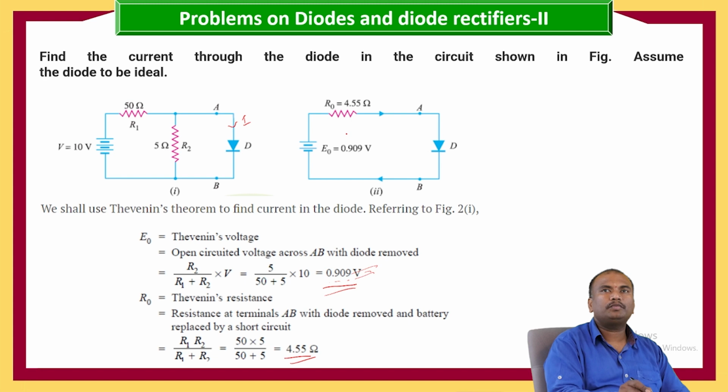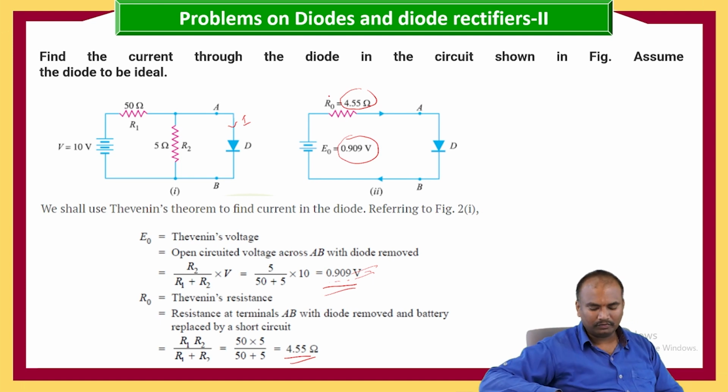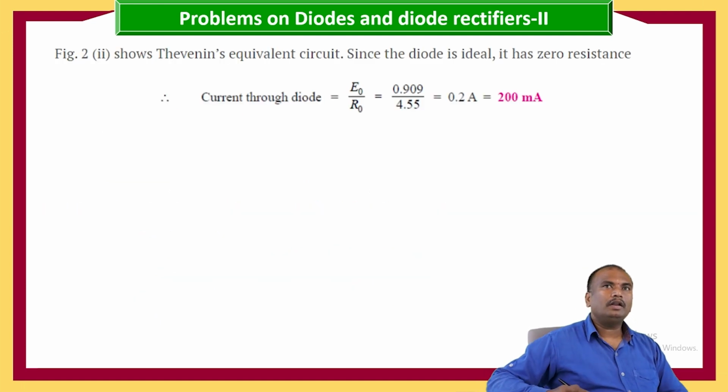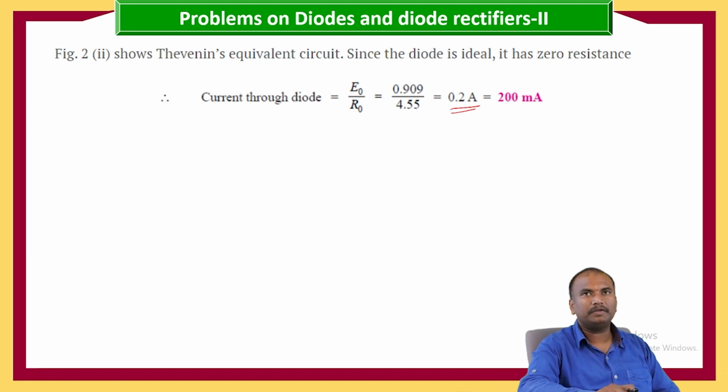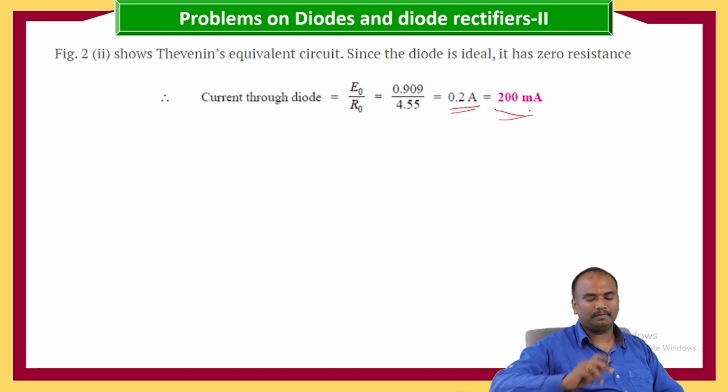Here the Thevenin voltage is 0.909 and the Thevenin resistance is 4.55. Now the current through the diode is equal to E0 by R0, that is 0.909 by 4.55, which is 0.2 amperes, which gives us 200 milliamperes.